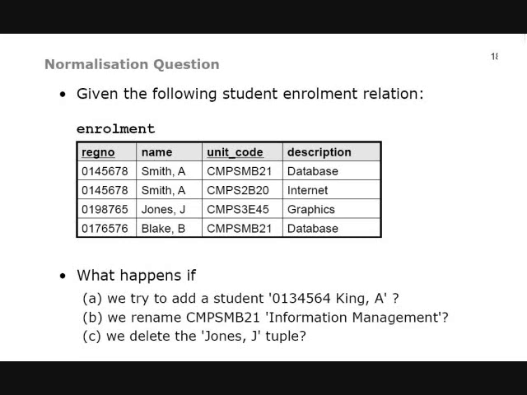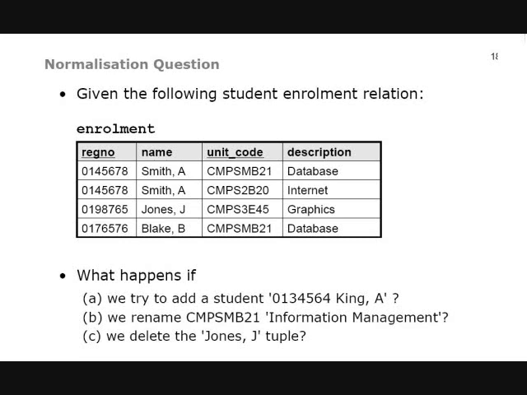What's the difficulty? Okay, insert anomalies, null in the unit code. Yes, because you might not know yet what he's enrolled for, and I'm going to have to end up having nulls in the enrollment if I don't know what he's enrolled for.